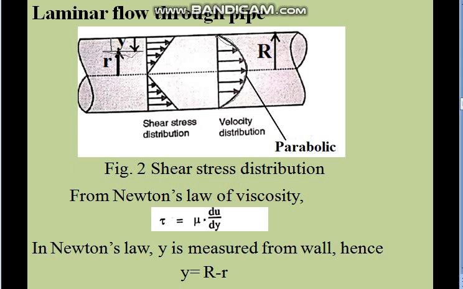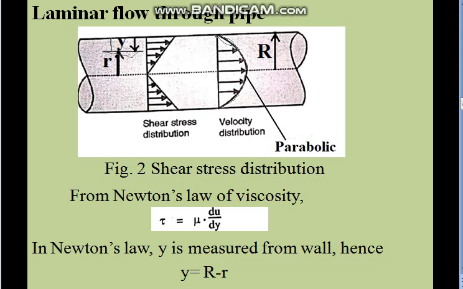It goes on increasing and it becomes maximum on the wall of the pipe. Similarly, you can see the velocity on the right hand side. Velocity is maximum at the center line and it goes on decreasing, and on the wall it becomes 0. What is that? It is a no slip condition. Velocity of the fluid on the wall of the tube is 0.